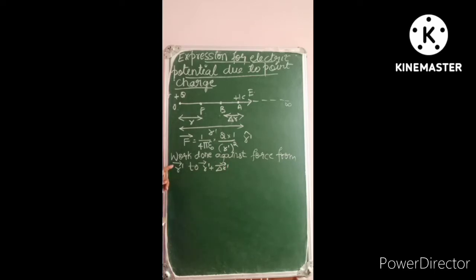You have to compulsorily write this bar sign here. R dash bar to R dash bar plus delta R dash bar.